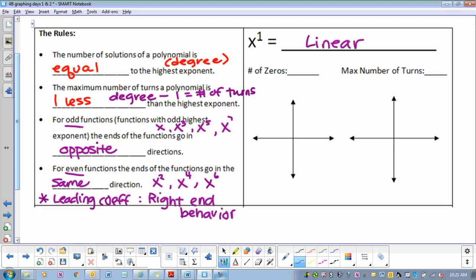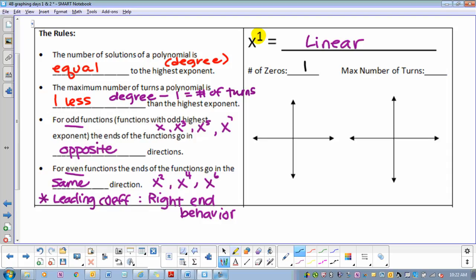That's a line, right? So the number of zeros. How many solutions does an x to the first power have? It has to be the same as your biggest exponent, which is 1. Okay? If that 1 is your biggest exponent, that means your number of solutions is 1.